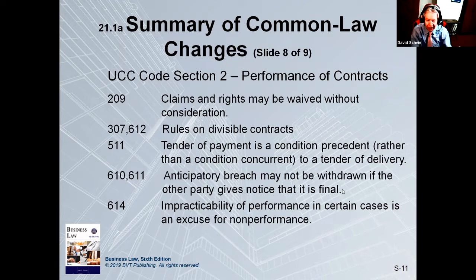Under common law contracts, that's a gray area. Impracticability of performance in certain cases is an excuse for non-performance. What we want you to keep in mind here is in common law contracts, it has to be impossible. However, under the Uniform Commercial Code, it just has to be impracticable. So notice the difference between the two.